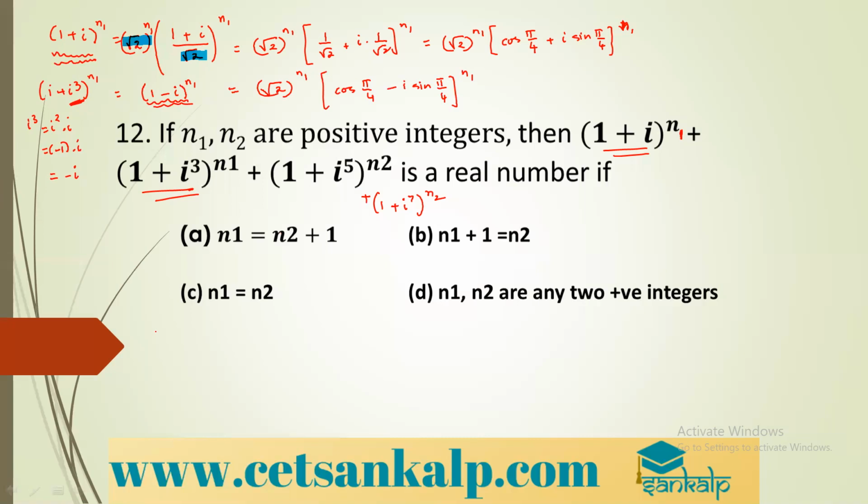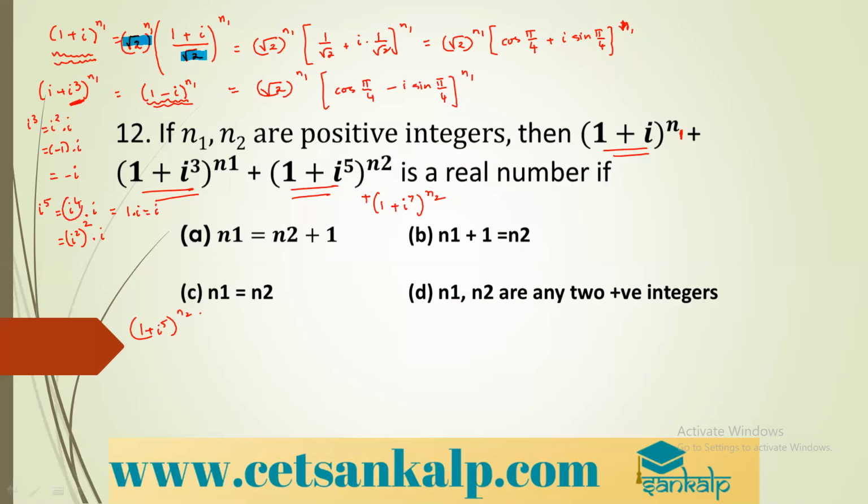Okay, next. How about (1 plus i) power 5? The next one is (1 plus i) power 5, so I will take (1 plus i power 5) whole power n2. Now, how can I write i power 5? i power 4 into i. i power 4 is (i square) whole square, which is 1, so 1 into i will be i.